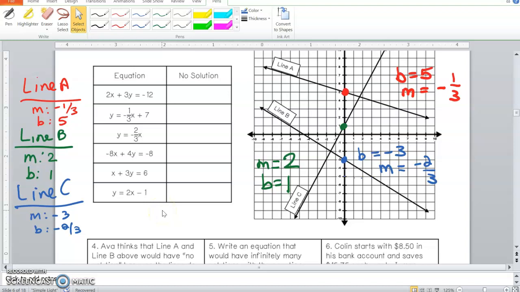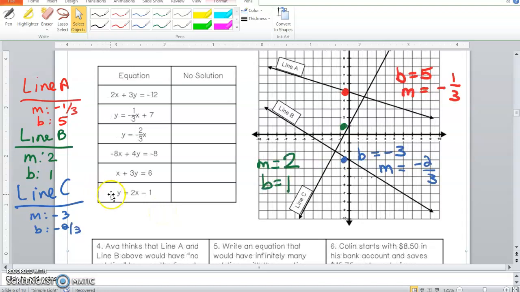So the easiest ones for me to see off the bat are going to be these ones here that are already in y equals mx plus b format, because all I'm really doing is investigating the slope and the y-intercept. So if something is not going to touch a line, it means it has to have the same slope as the other line. So we're looking for the slopes to be the same. The only one, I see a negative 1/3, that would match with line A.